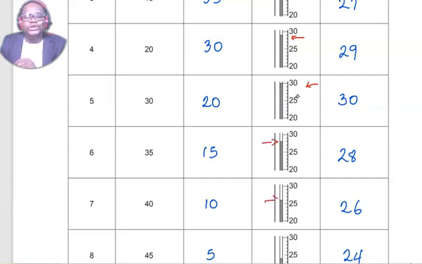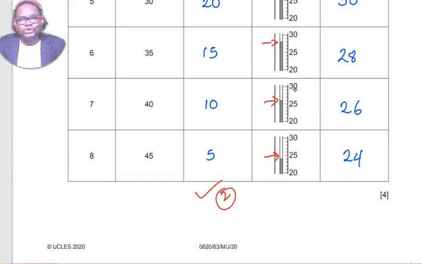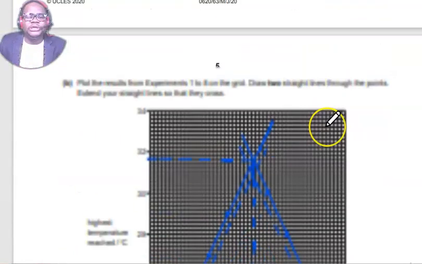And of course, you read 26. Then of course, you read 24. Okay, now you score your full 4 marks here. If you have all the volumes of acid completely written, you score your 2 marks. For all the temperatures measured, you score your 2 marks for complete temperature readings from the diagram of the thermometer. You can see, guys, it's pretty simple.